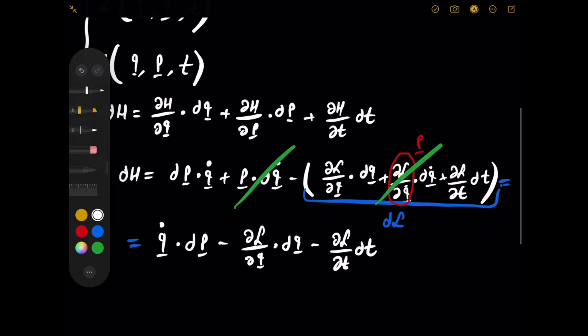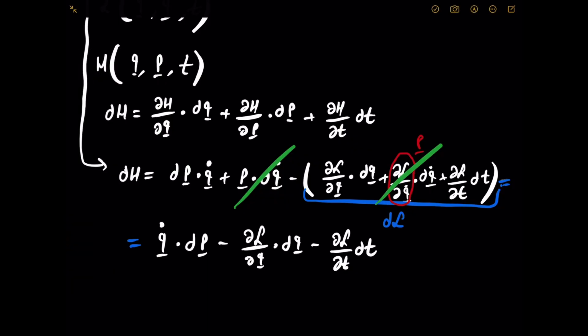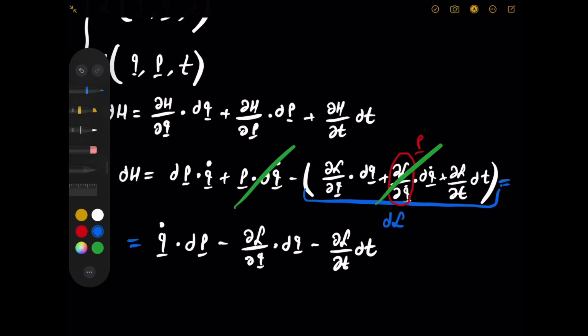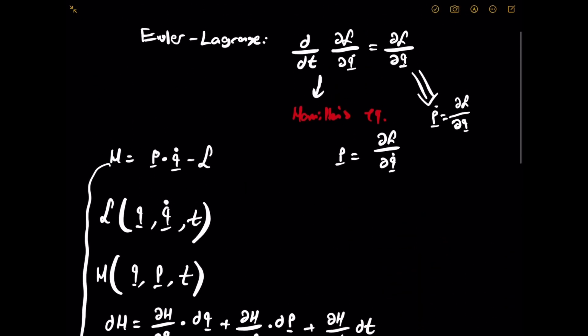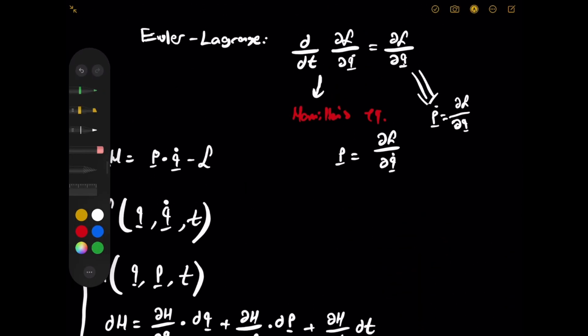And now we also want to realize, using the Euler-Lagrange equation. Notice this is the first time we're using the Euler-Lagrange equation. Up to this point, we have not used it. We just simplified stuff. It was just maths. Now we're using it here, because I've written it here: using the Euler-Lagrange equation, dL by dQ is P dot.